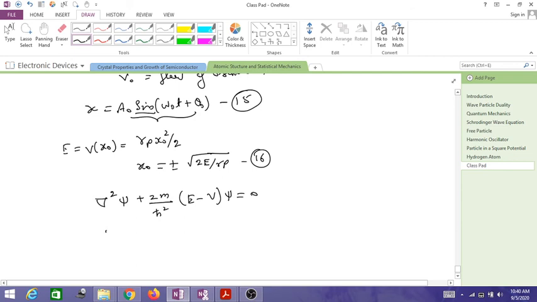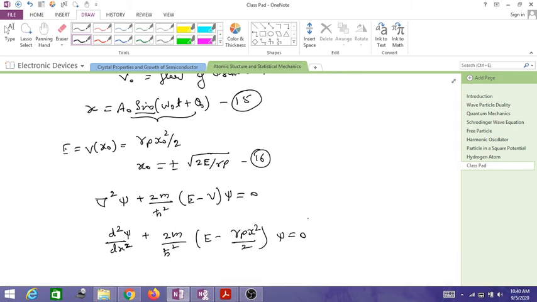Then this equation becomes d square with respect to x, since we are operating on the x-axis, on the state function, then 2m by h hat square of E minus gamma p x square by 2, which operates on the state function again, which is equal to 0. Let me call this equation number 17.